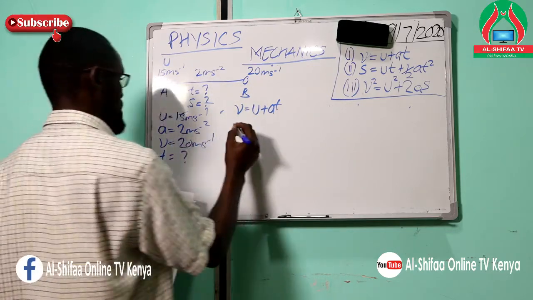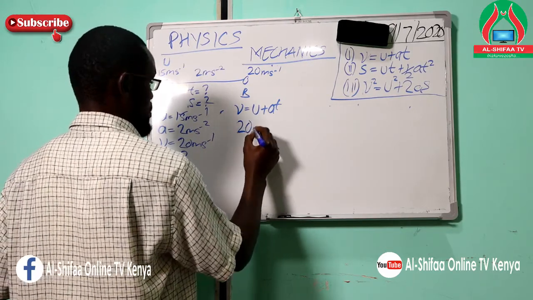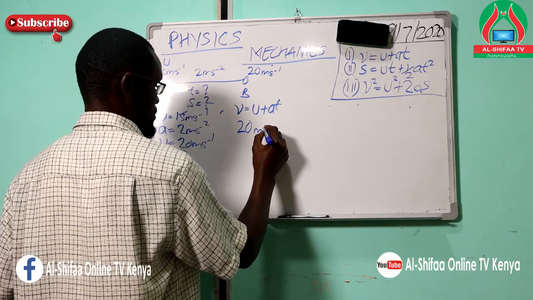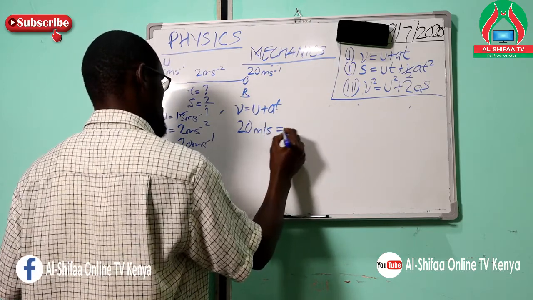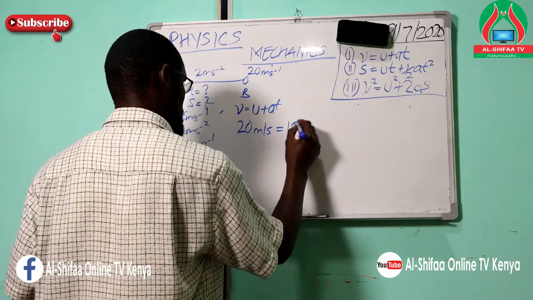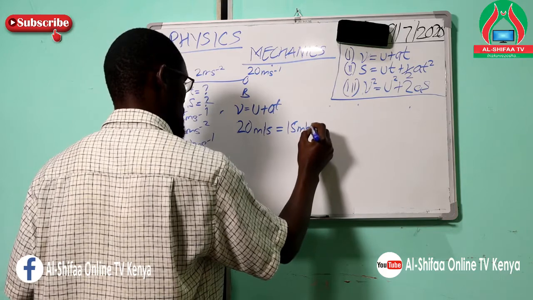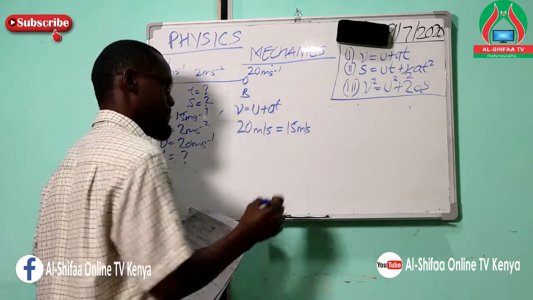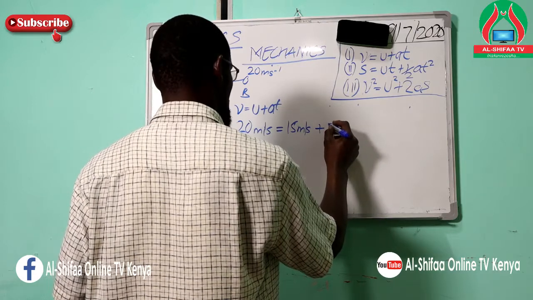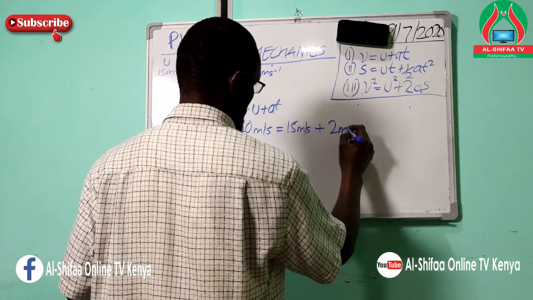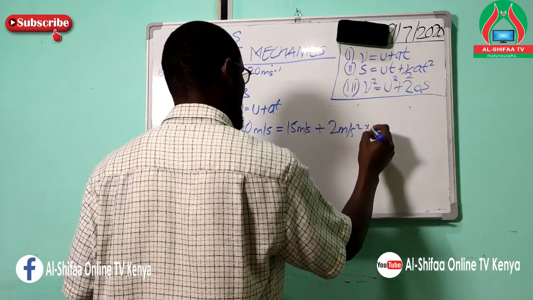So we see that 20 meter per second is equal to initial velocity, which is 15 meter per second, plus acceleration, which is 2 meter per second squared, times time.